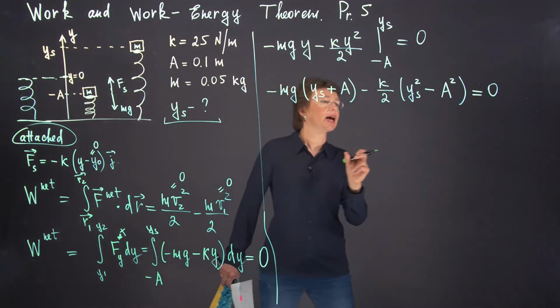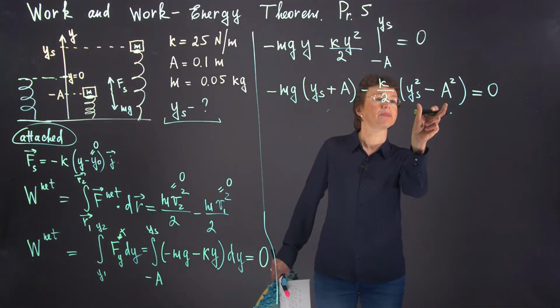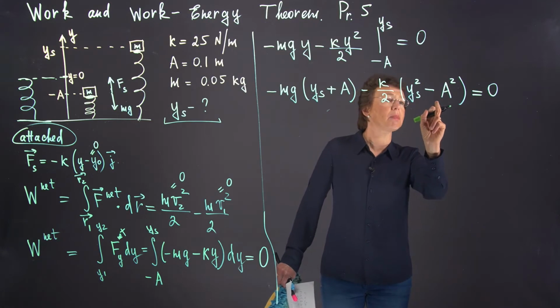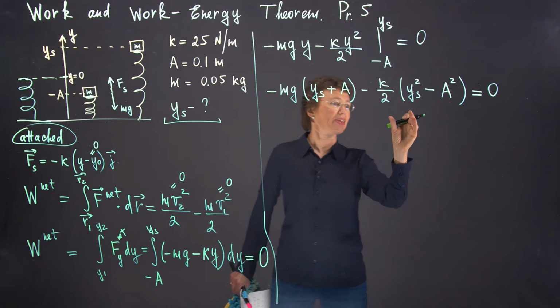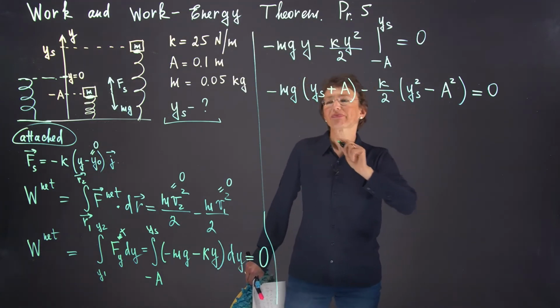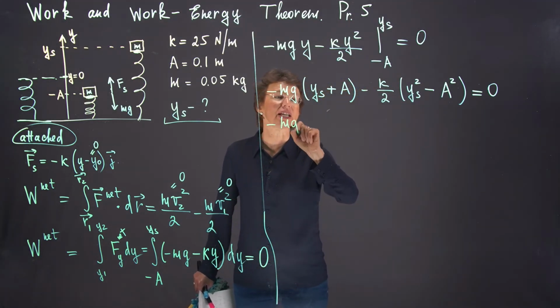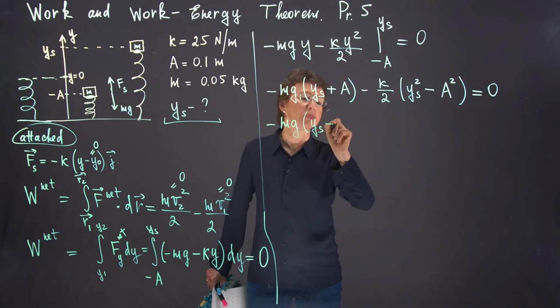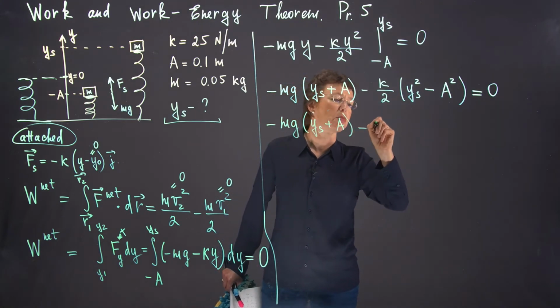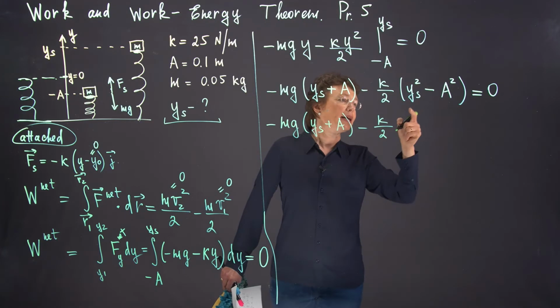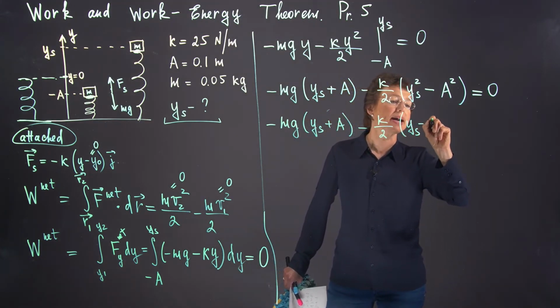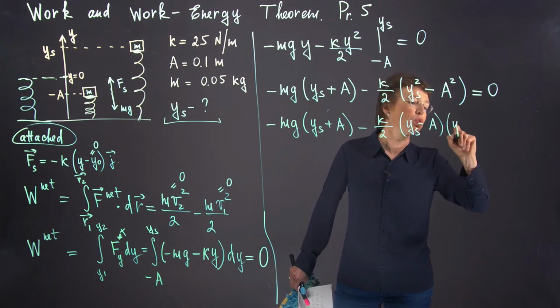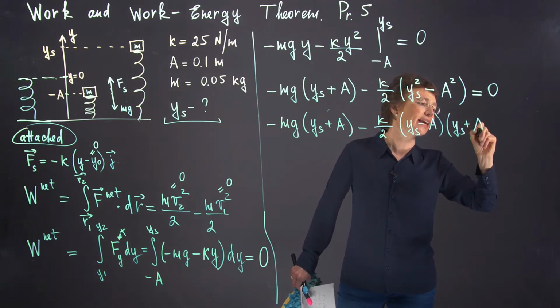Let's rewrite this guy as ys minus a times ys plus a. So you know that this could be done minus mg ys plus a. I leave this guy minus k over 2. And then I'll rewrite this one as ys minus a times ys plus a.